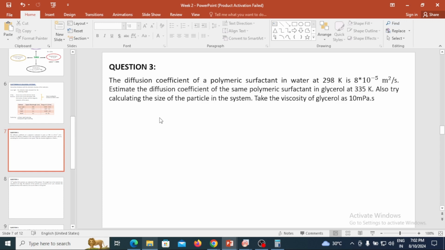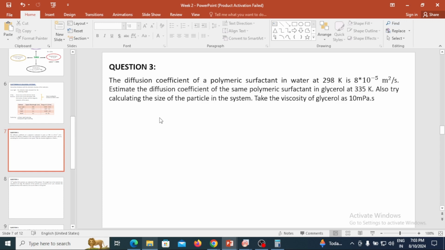Estimate the diffusion coefficient of the same polymeric surfactant in glycerol at 335 Kelvin, and also try calculating the size of the particle in the system, and they are asking us to take the viscosity of the glycerol as 10 millipascal seconds.